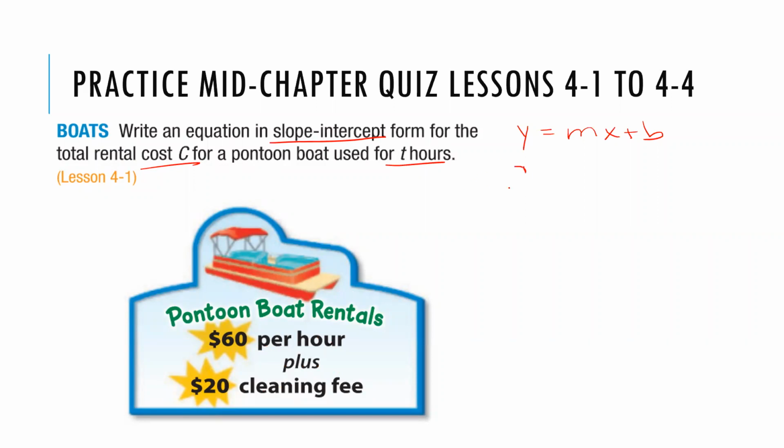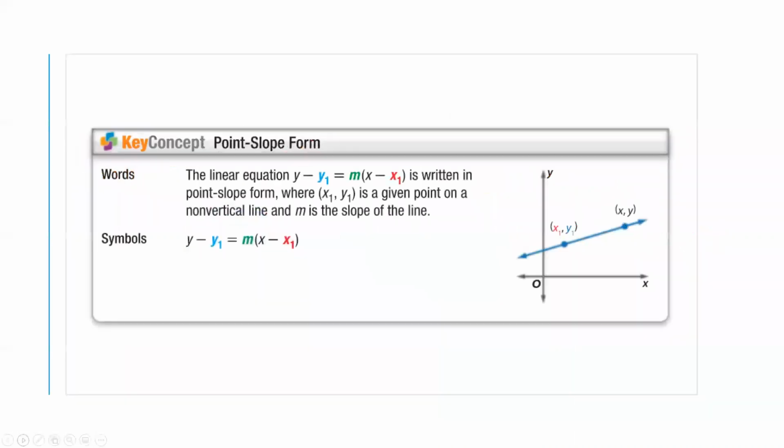So the cost is going to equal $60 per hour, sorry, it says to use T for hours, $60 times T, plus the $20 cleaning fee. So that would be C is equal to 60T plus 20, okay? So it just asks you to write the equation in slope-intercept form. You do not need to solve or anything like that.